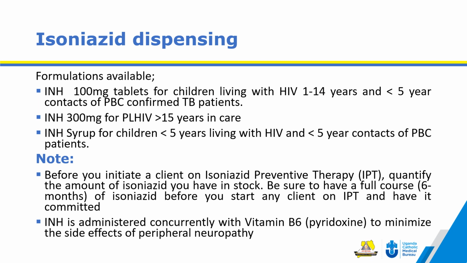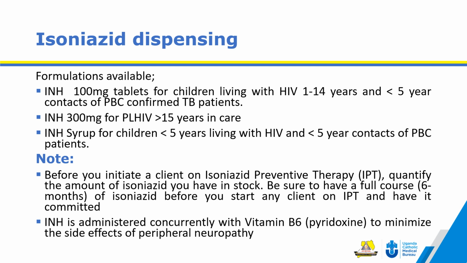Let's have a brief look at how INH is dispensed. It comes in two to three formulations. There are 100 milligram tabs, majorly for the children 1 to 14. Then the 300 milligram tabs for those 15 and above.